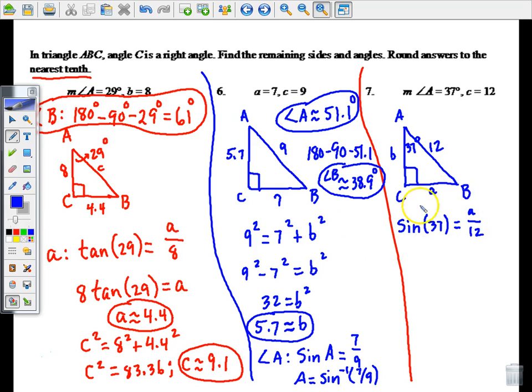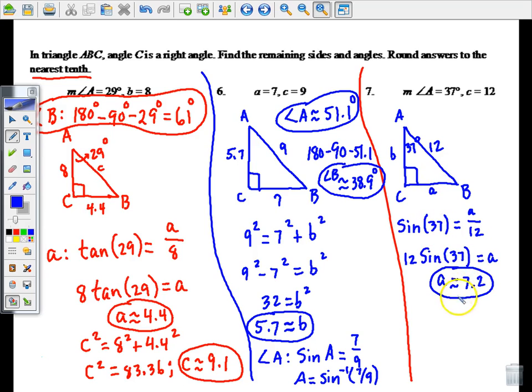All right, so to solve for A, pretty simply, I just multiply by 12 on both sides. And I get to use my calculator here. So I'm going to do 12 sine 37. And I get 7.2217, but rounded to the nearest tenth, that's 7.2.